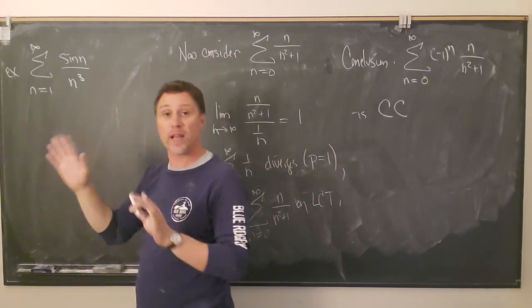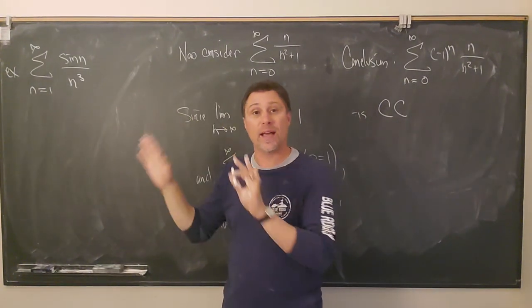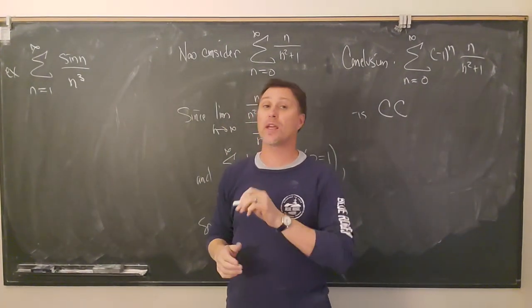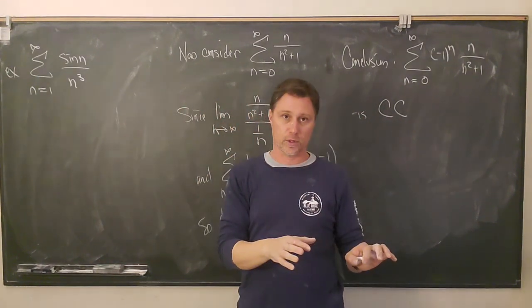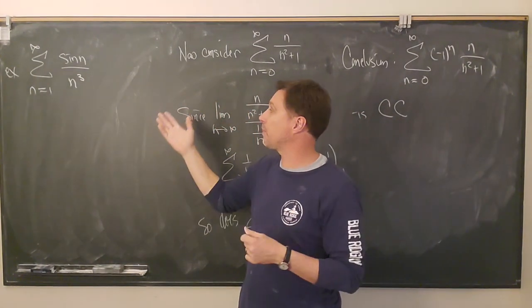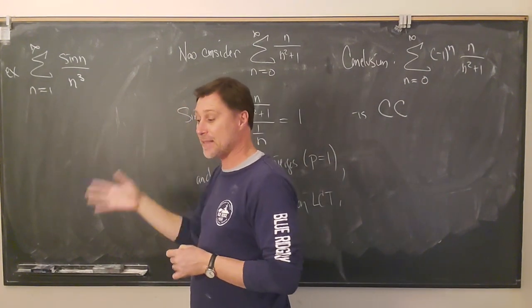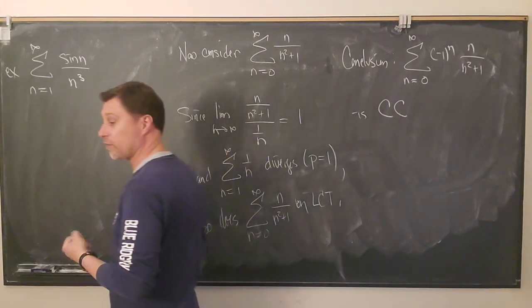So here's my point. If I suspect that it's absolutely convergent, I can go straight for absolute convergence. I don't need to check convergence and then absolute convergence. So if you understand what's happening, you can sometimes bypass that first step and go straight for absolute convergence.